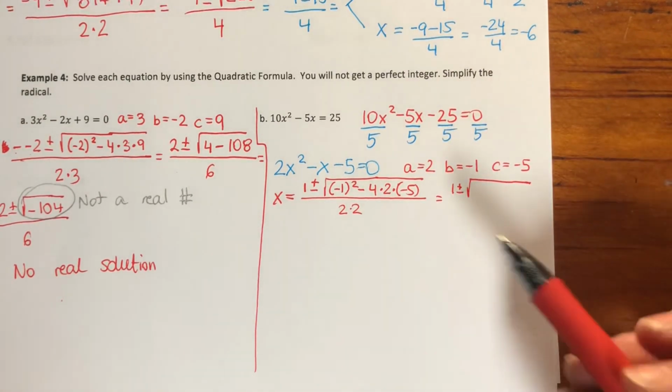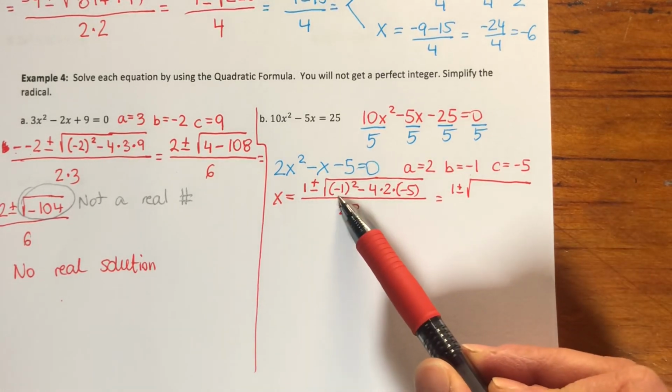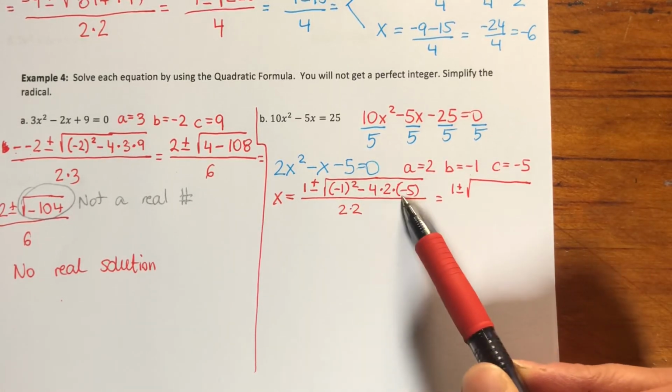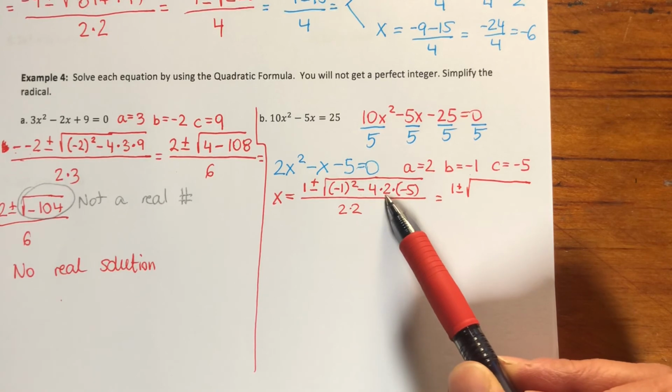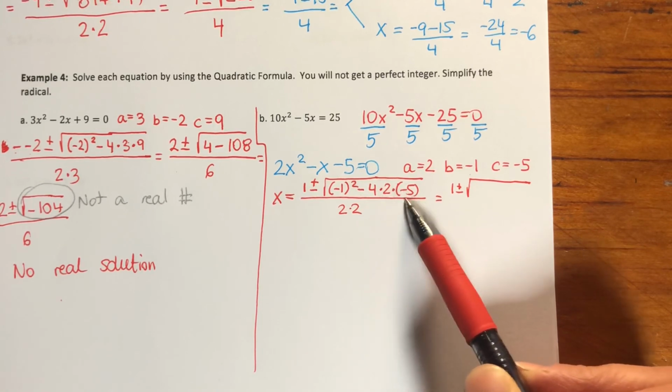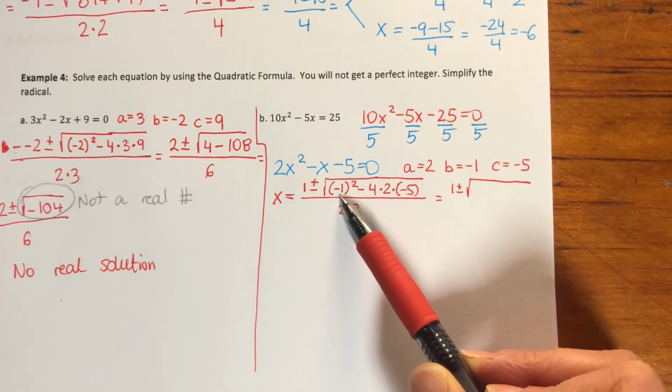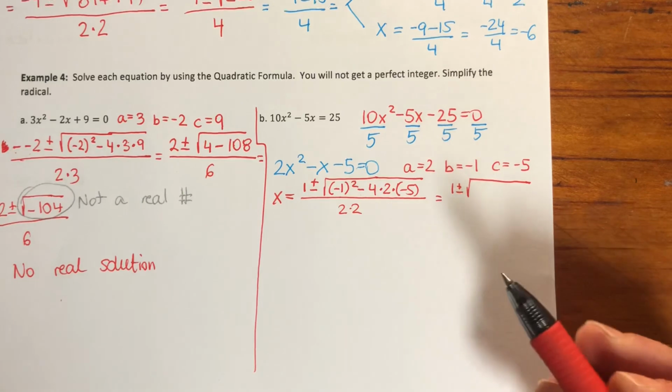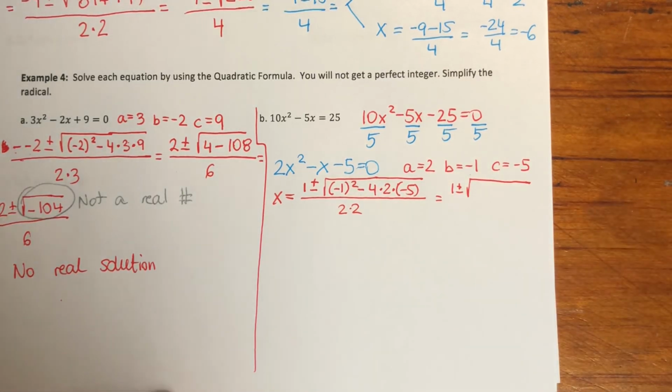Well, let's see, what can I do as mental math? I know that this is 1. I know that I am going to have plus. 4 times 2 is 8, and 8 times 5 is 40. And I had 1, so 1 plus 40 is going to give me 41.